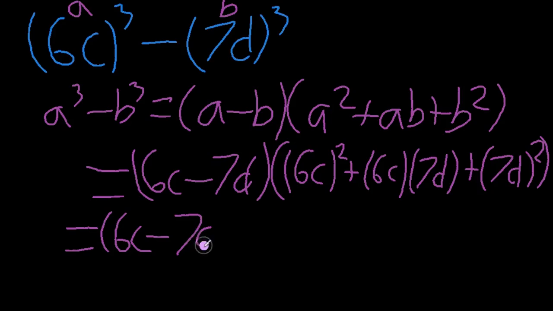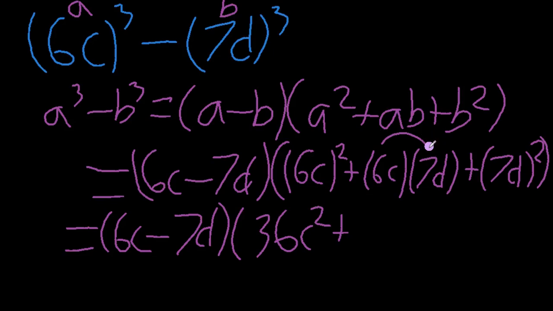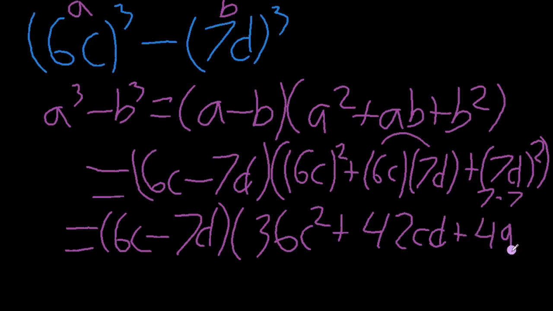Like always, I'm just going to bring it down. And then here I have 6c squared, which means 6 times 6, which is 36. And then the c gets squared, plus 6 times 7, which is 42 cd. C times d is just going to be cd. And then plus 7 squared, that's 7 times 7. That's going to give me 49 d squared. So that will be our final answer for that one.